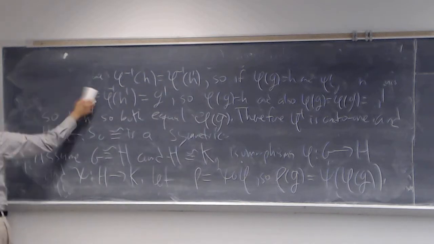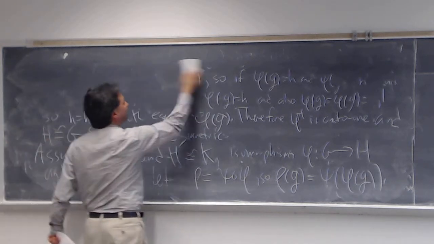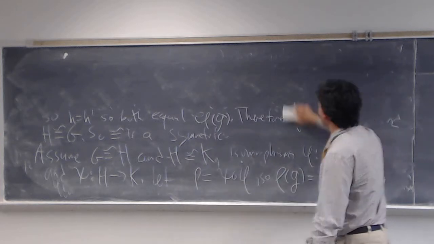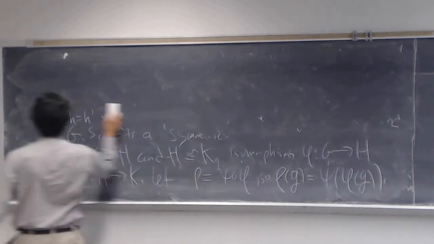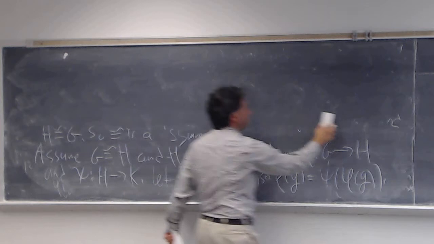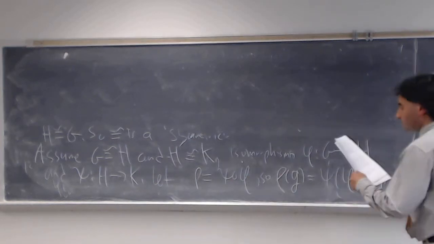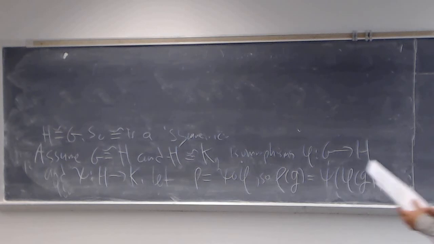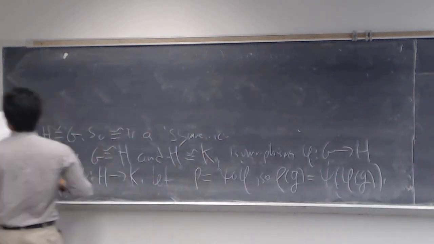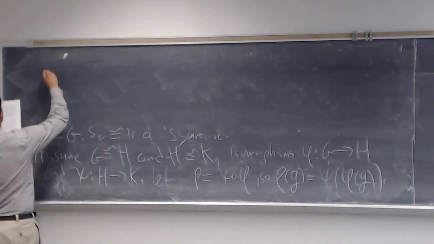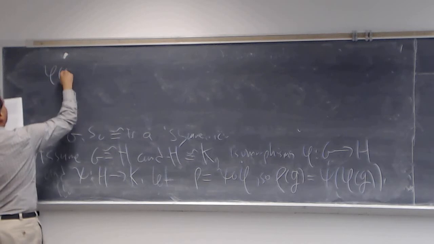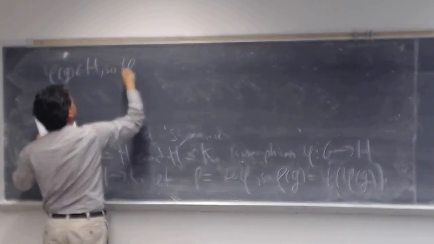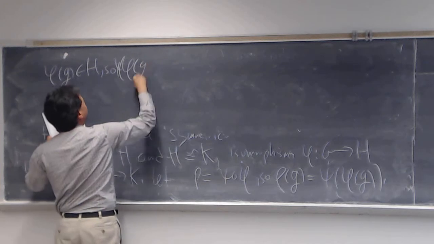But now with the additional group structure, one-to-one has a meaning in terms of the kernel, the kernel consisting only of the identity. So certainly this is a function, right? Phi of G is in H, so psi of phi of G is defined.